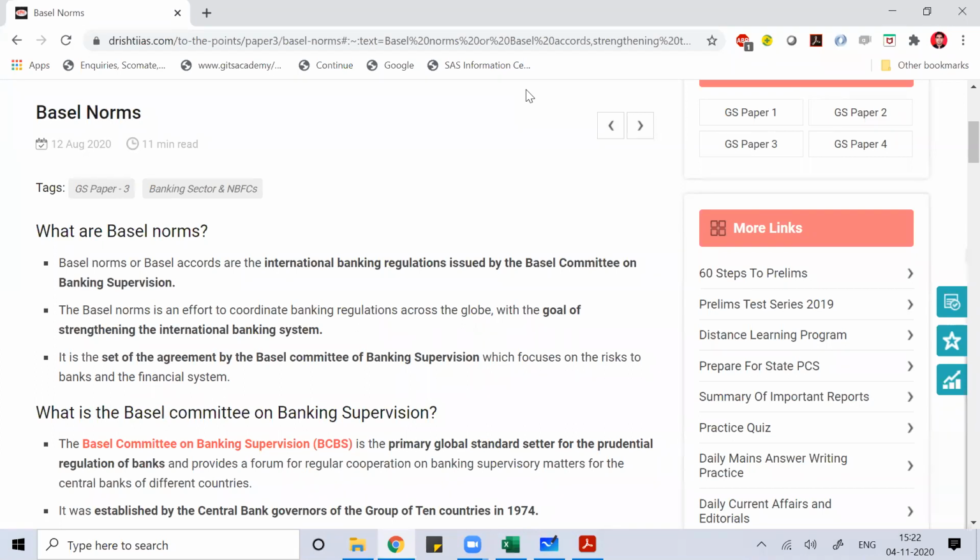Lehman Brothers was the world's fifth largest investment bank, a 168-year-old bank. Why could Lehman Brothers go bankrupt? Then they understood the importance of liquidity, and now banking institutions have to follow a lot of norms based on liquidity also. So whenever you get time, read about Basel norms.